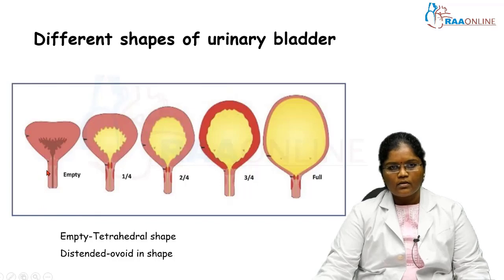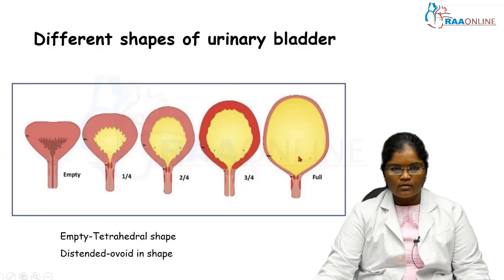Now let's see the different shapes of the bladder. This is the empty bladder. The empty bladder is tetrahedral in shape. When it is distended, it is ovoid in shape. When the bladder is filled with one fourth of its volume, it is in this shape.